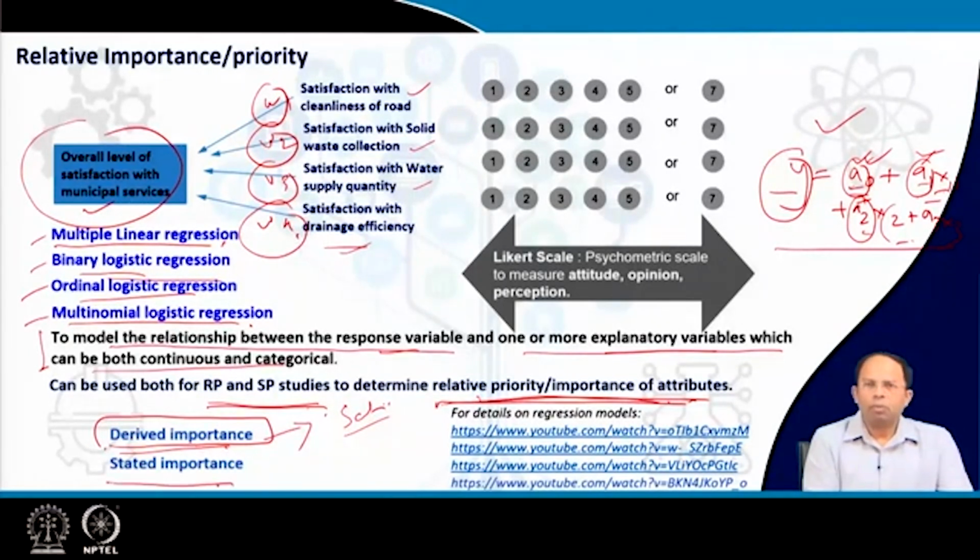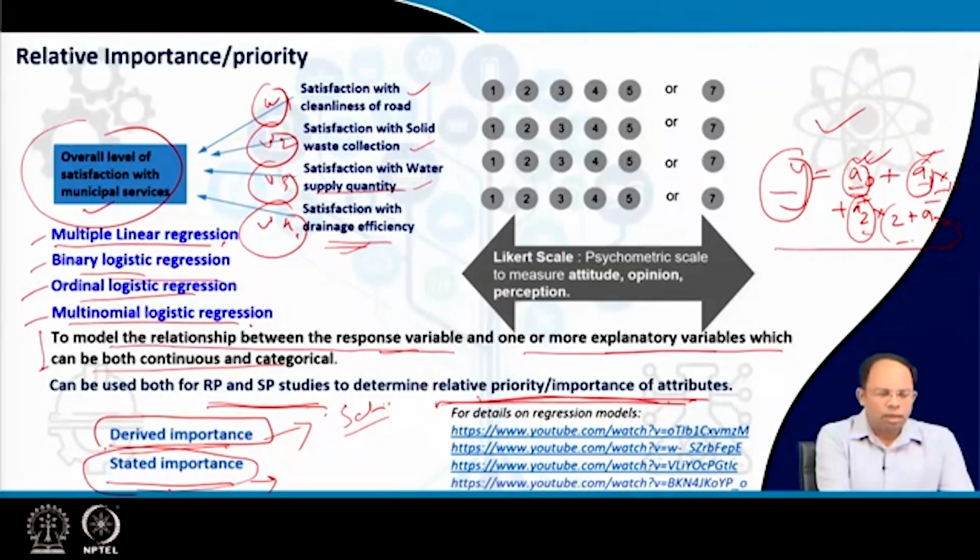So what is stated importance? Stated importance is when we directly ask people how important they think drainage efficiency is in the overall municipal service. They can give a rating on a Likert scale as well. Same goes for other attributes. So it's a stated importance that also could be determined. These are two approaches to determine importance or relative priority for an attribute.